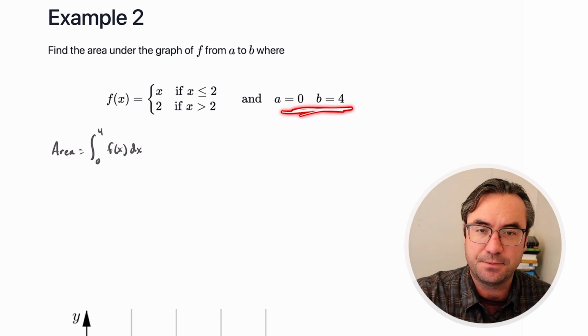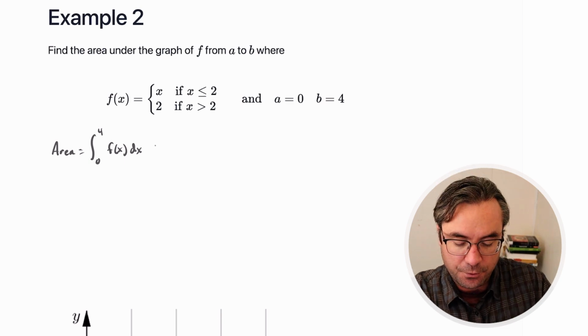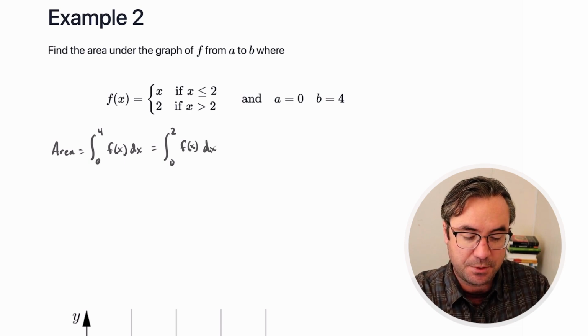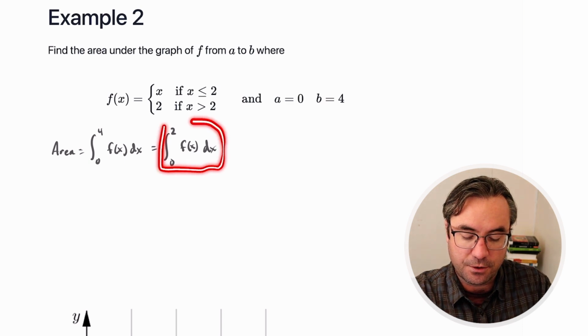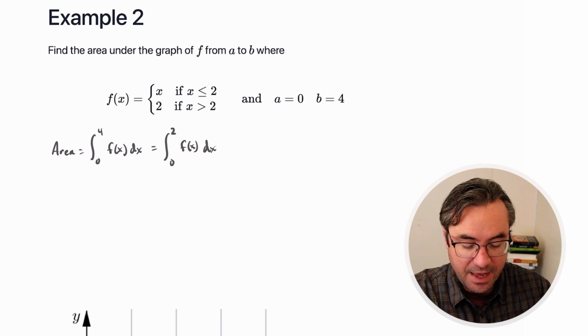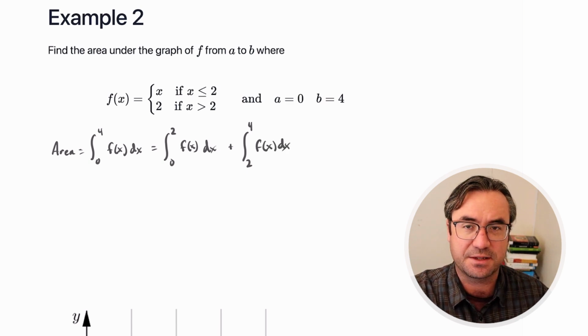And 2 is in between these two values. So we're going to have to split up this integral. We're going to do the integral from 0 to 2 of f of x, and then, separately, the integral from 2 to 4 of f of x.